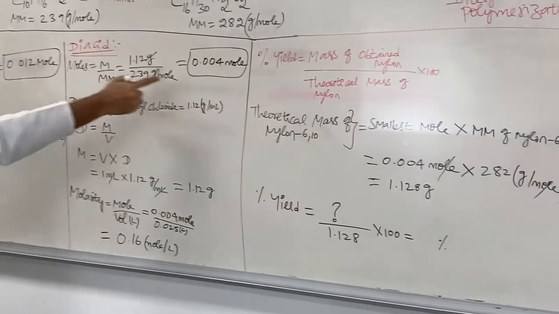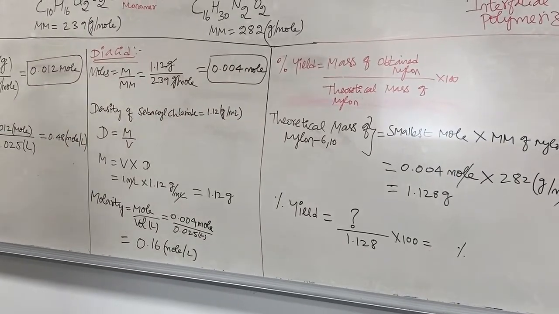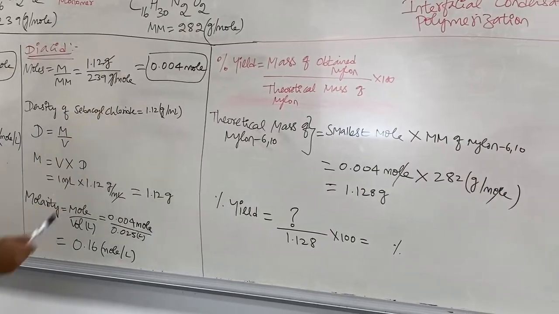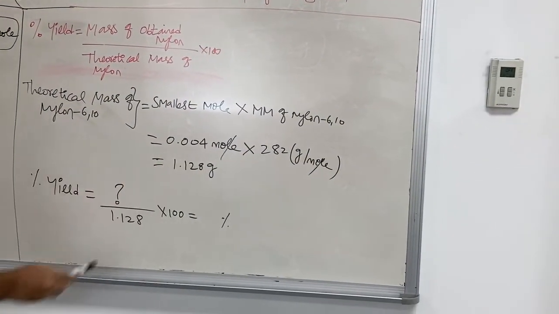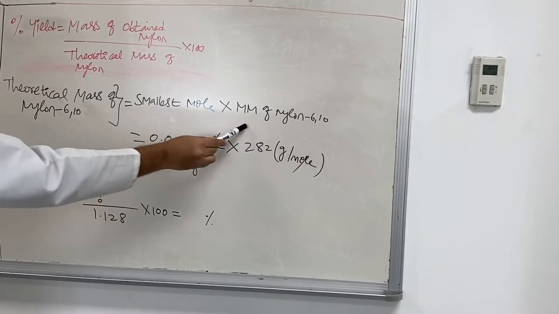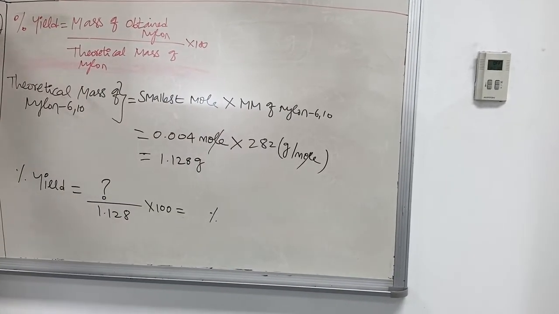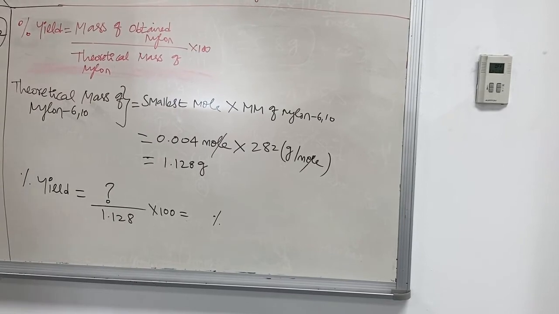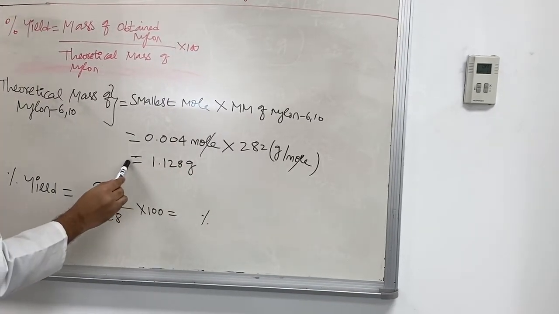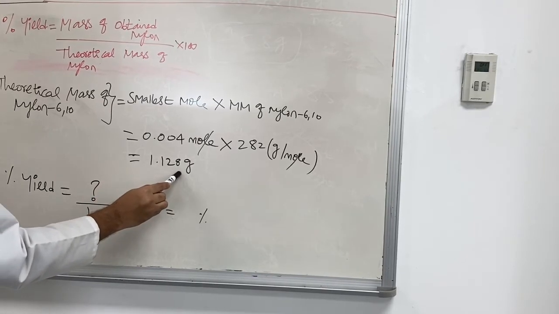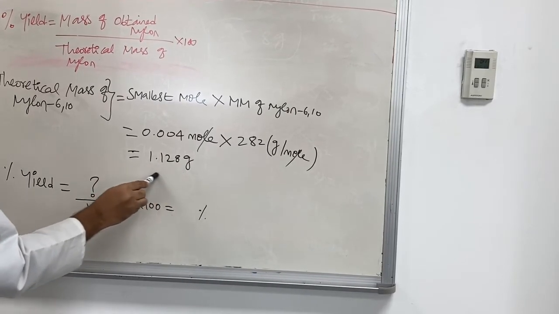Among these two, which one is the smallest mole? Diacid. So put this value here, 0.004 mole. And the molecular mass of nylon, we already calculated, 282 gram per mole. So mole cancels. Finally we got 1.128 gram. This is the theoretical mass.